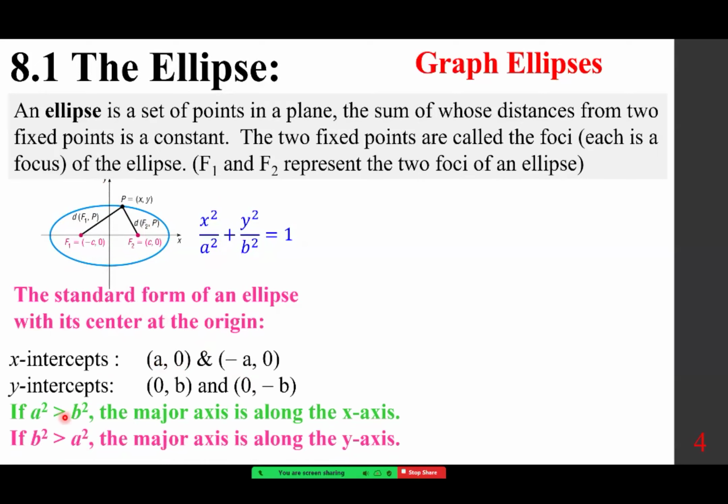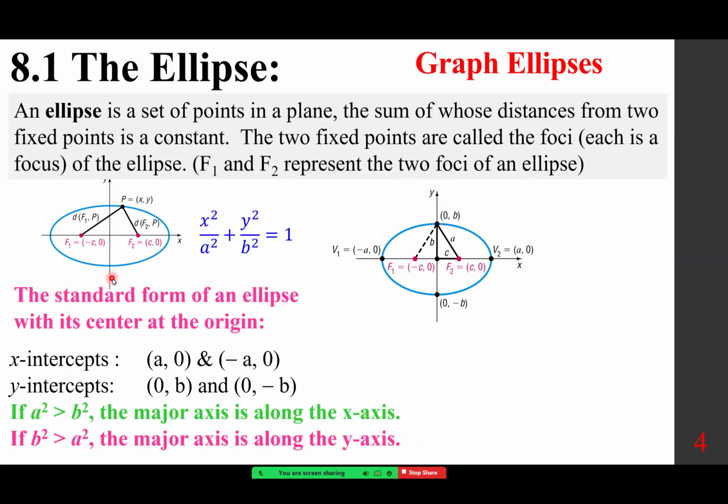If a squared is larger than b squared, which means a is larger than b, the major axis is along the x-axis, and these two points, the x-intercepts, are also called vertices. If it's the other way around, if b squared is larger than a squared, the major axis is along the y-axis. Also, b squared plus c squared equals a squared.